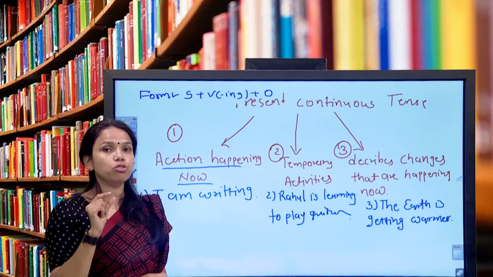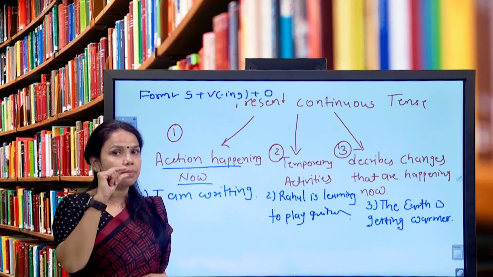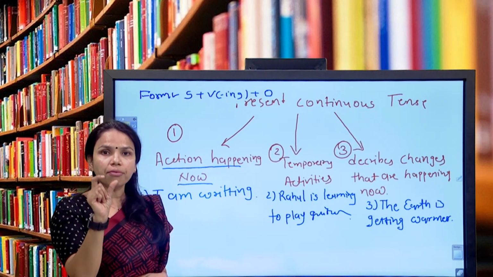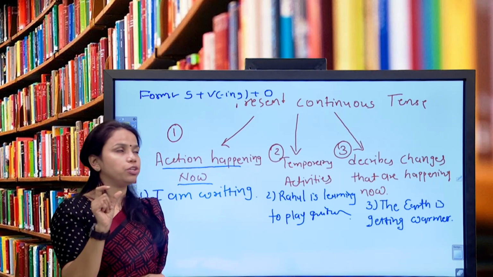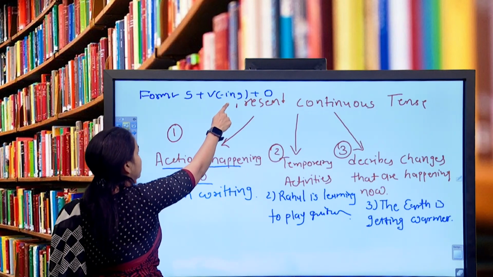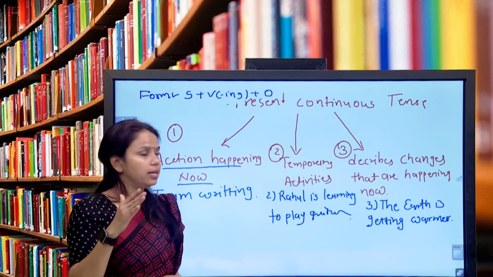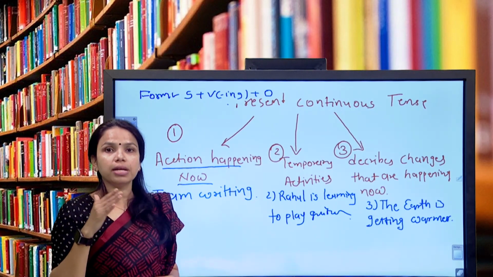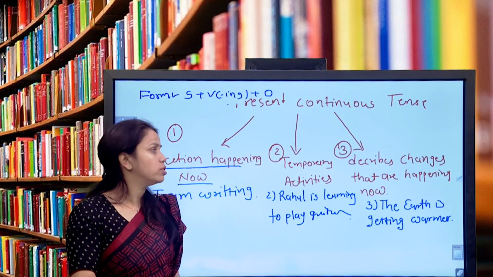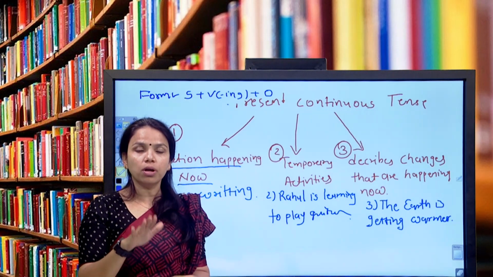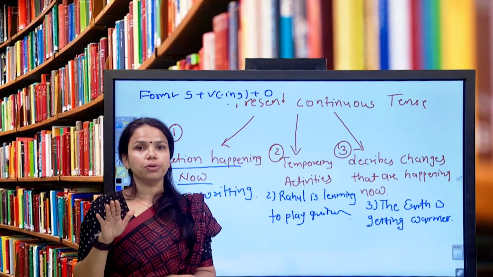And what we have to do in present continuous tense? In present continuous tense, whatever the main verb is there, after that we have to put ing. ing shows that action is currently running, it is a temporary activity, and it shows the changes that are happening now, right? So present continuous tense.